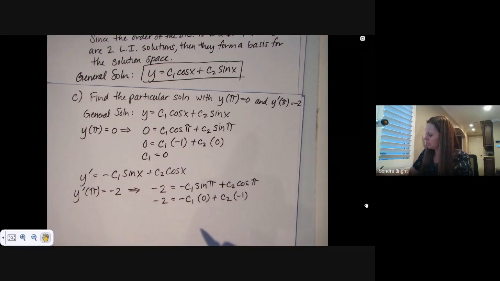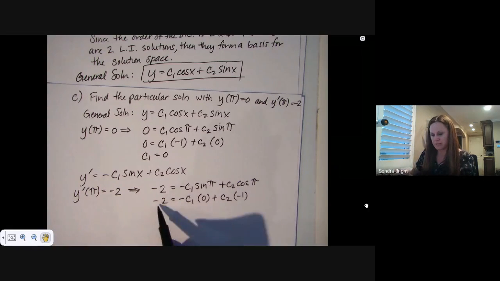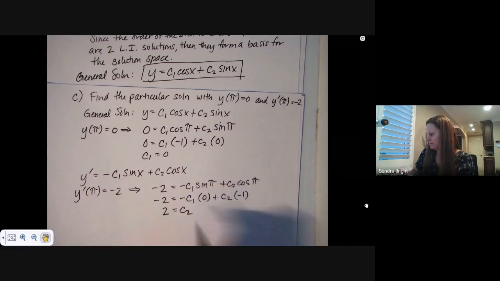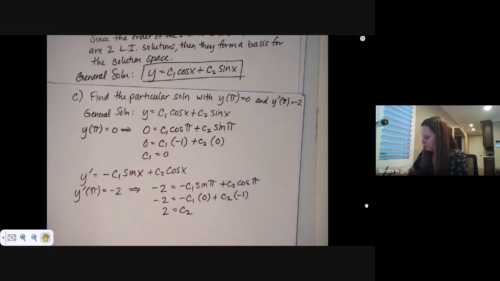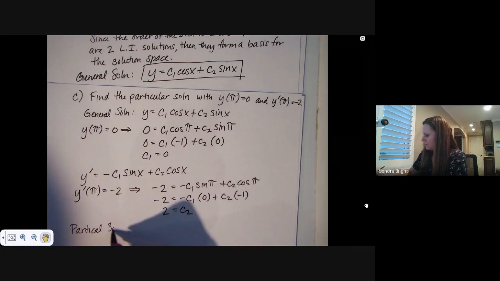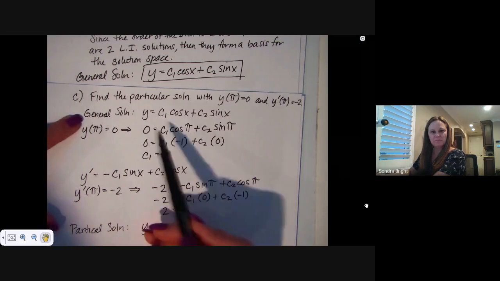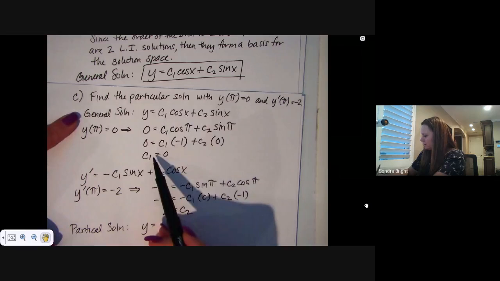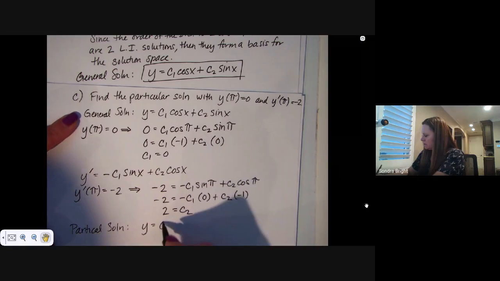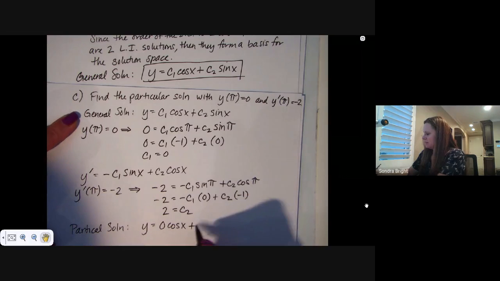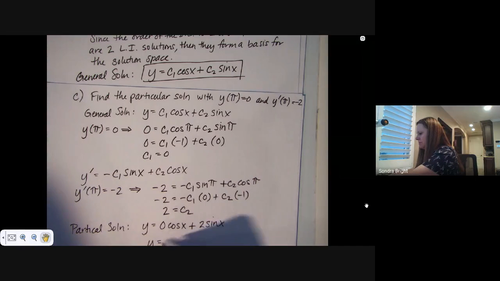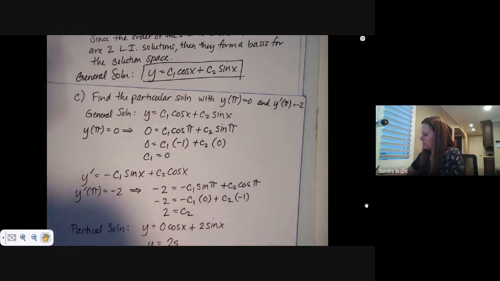Negative c2 is equal to negative 2, so c2 is positive 2. That means my particular solution for the values they gave me is y equals c1 times cosine, but c1 was 0, so 0 times cosine of x plus c2 times sine of x. Of course, 0 times cosine is 0, so my particular solution will be 2 times sine of x.